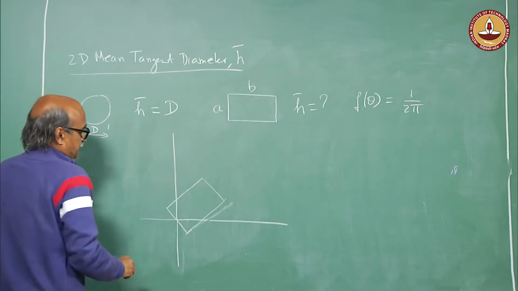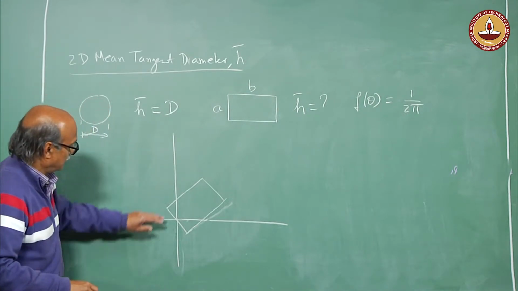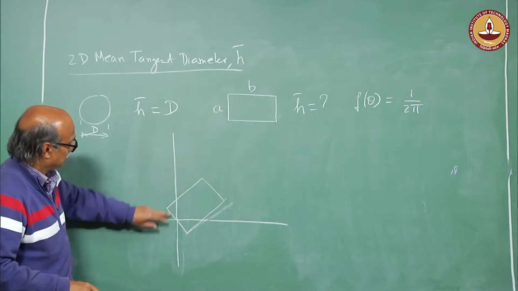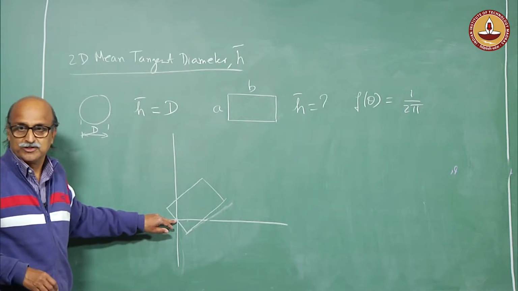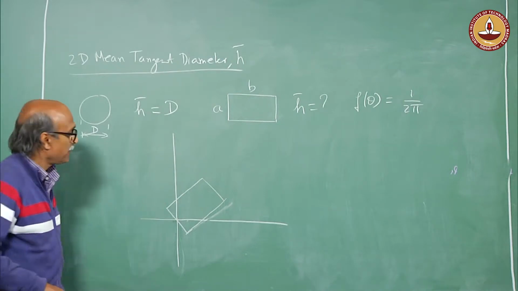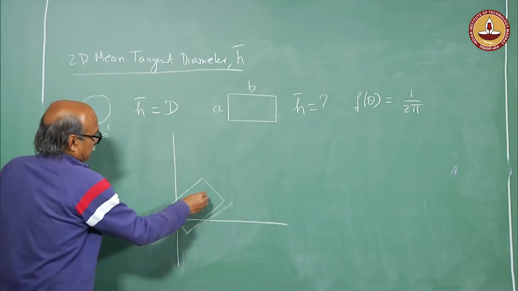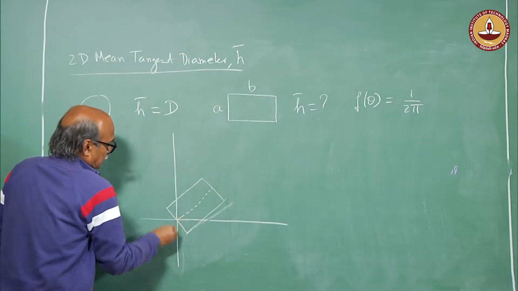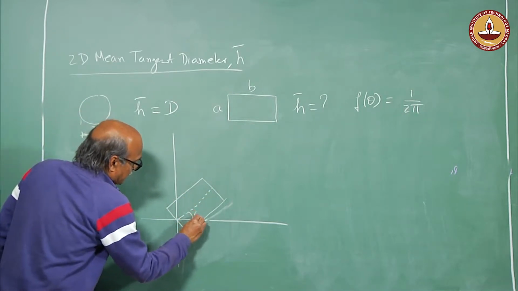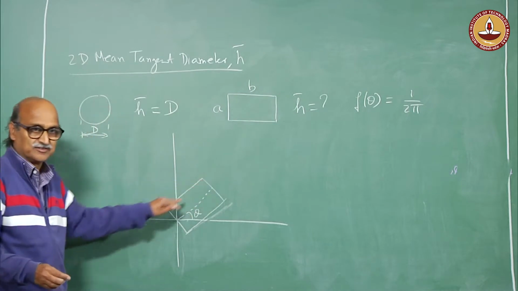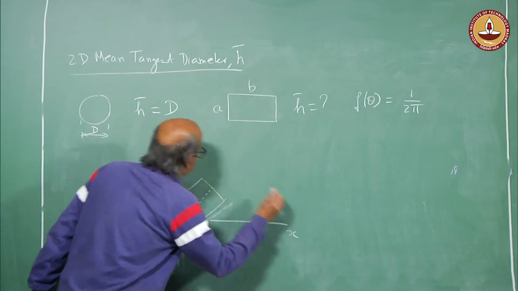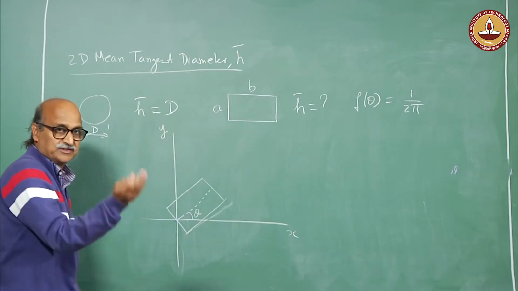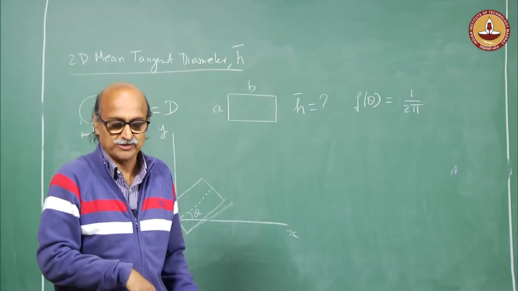All I have done is I have centered this object so that one end of the rectangle is centered about the origin. And the orientation is defined by the central axis with respect to the x axis. Now, this theta can vary randomly over 0 to 2 pi.